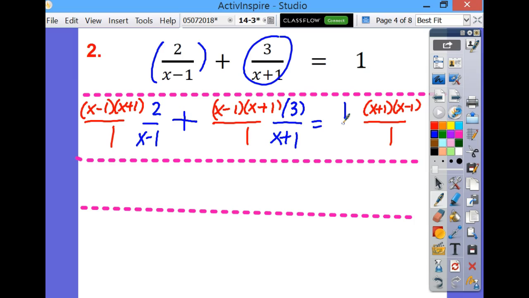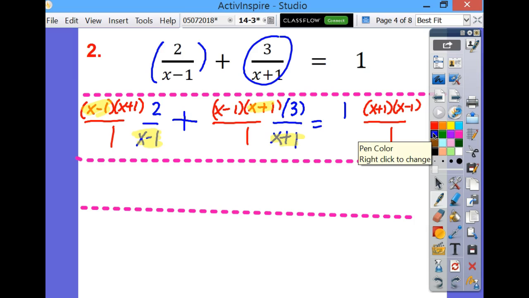I need to multiply the least common denominator by every single term. The reason I do that is to cancel out the denominators. This denominator cancels out with that. This denominator cancels out with that, and I don't have any more denominators.